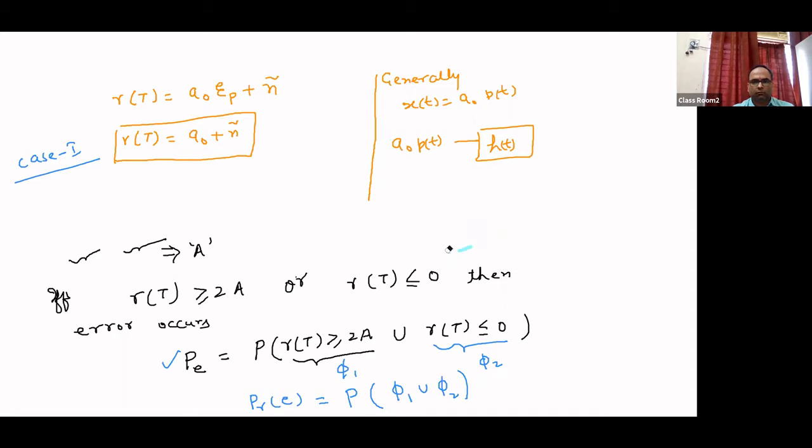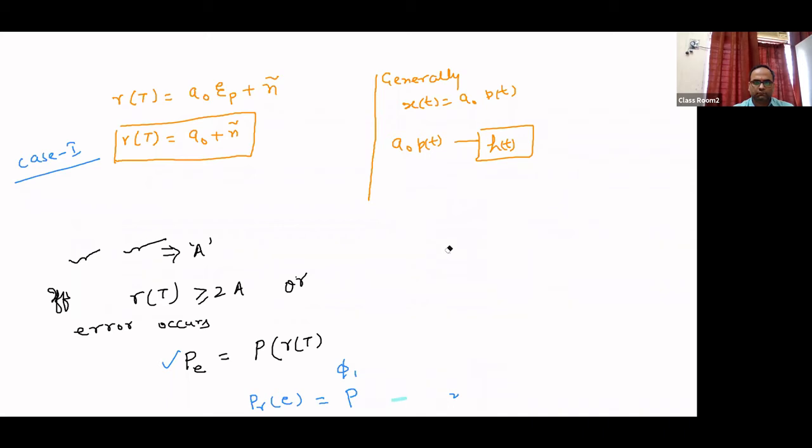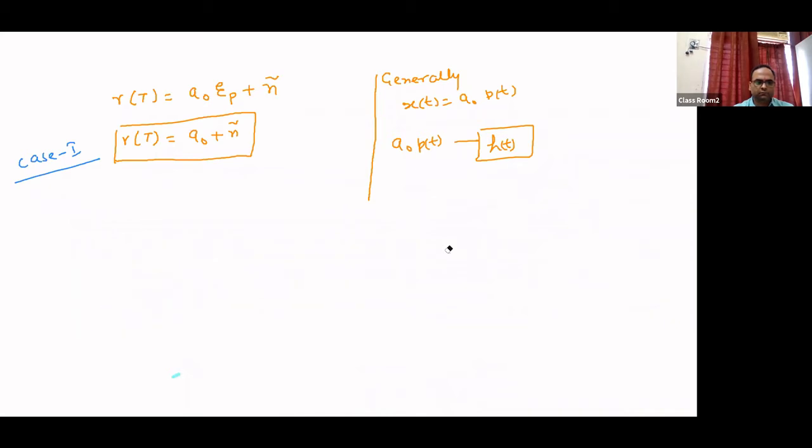So what is the condition for the matched filter? The condition is that the response of the matched filter will be matched to the incoming pulse.